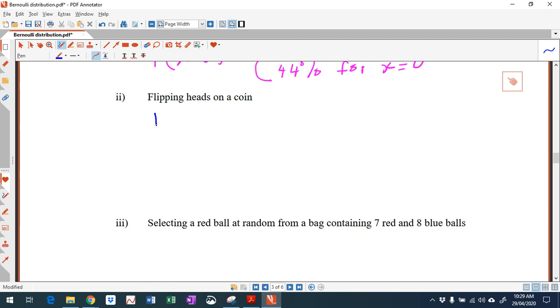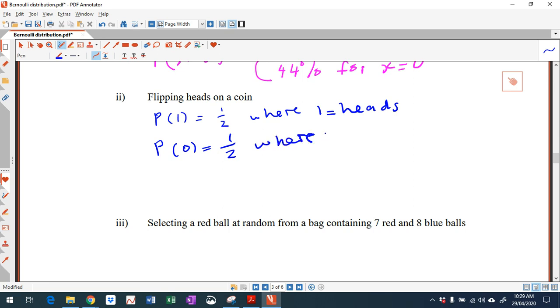So I'm going to say probability of 1 equals a half, where 1 equals heads, and probability of 0 is equal to a half, where 0 is not heads. Or you might just say tails.